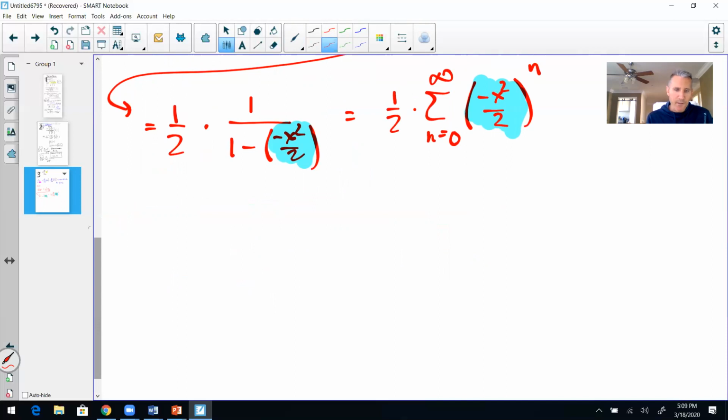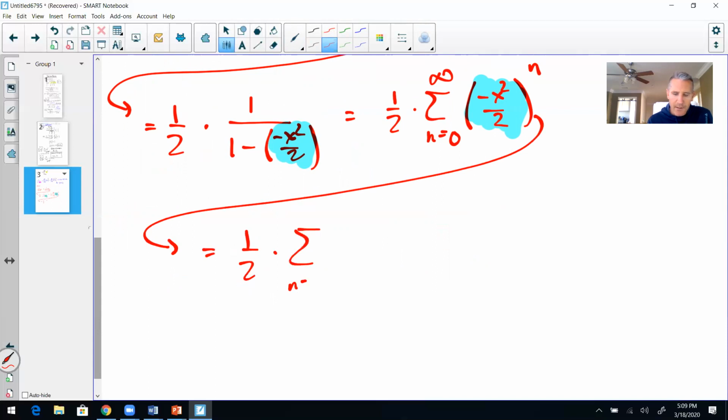So let's keep working with this. I have that this is equal to 1/2 times the summation as n goes from 0 to infinity of... Okay, that negative out in front of the x squared raised to the n power is the same as negative 1 to the n. That's going to make it alternating. I think I showed you something like that in class. X squared to the n is also known as x to the 2n, divided by, and then in the denominator 2 raised to the n power is just 2 to the n.